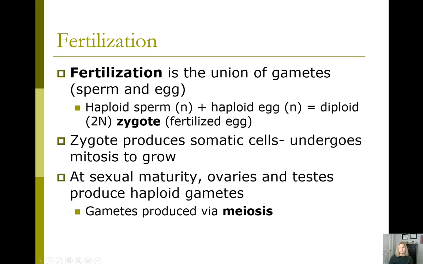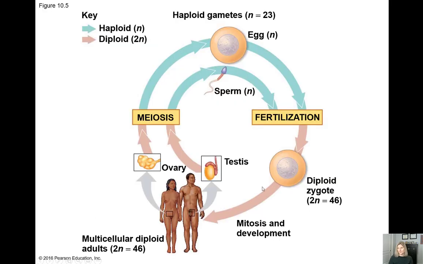All right, so let's take a closer look at that figure one more time. There's that ovary, there's that testis, and inside the ovary and the testes, there are those germ cells that, instead of undergoing mitosis, undergo meiosis to take that 2N diploid germ cell and produce haploid gametes from it.